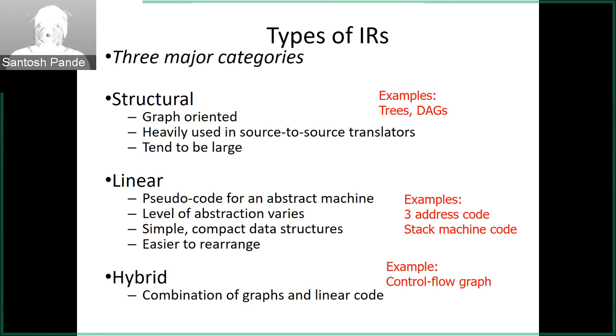Our target here is the standard quad representation: operands, then operator, and the destination, which is close to the way the instructions will get generated.